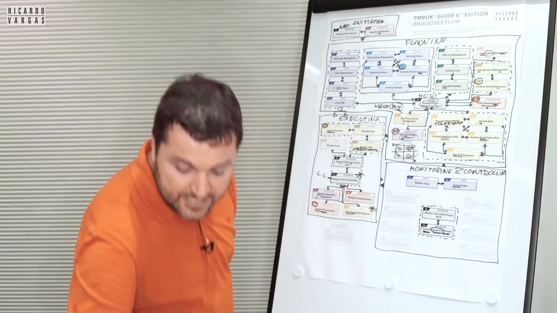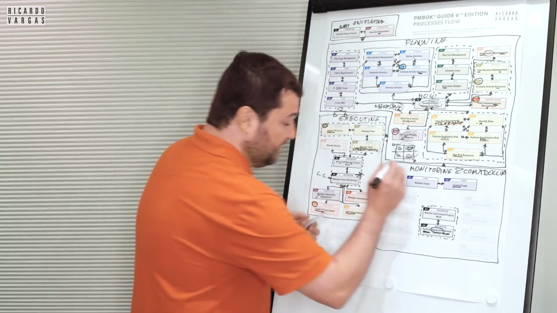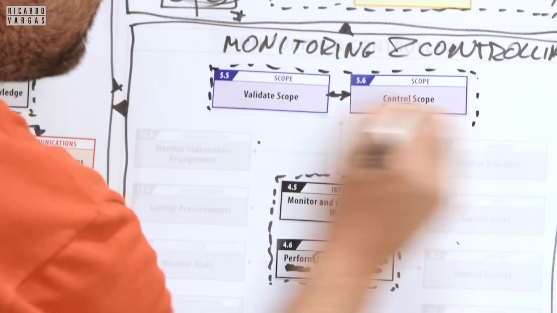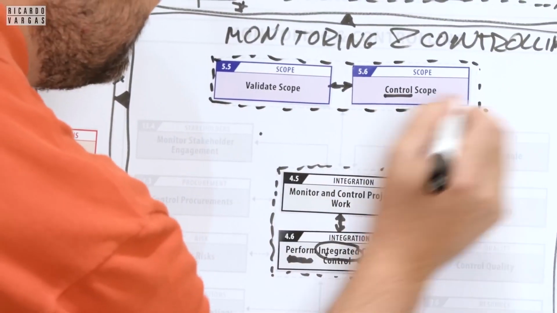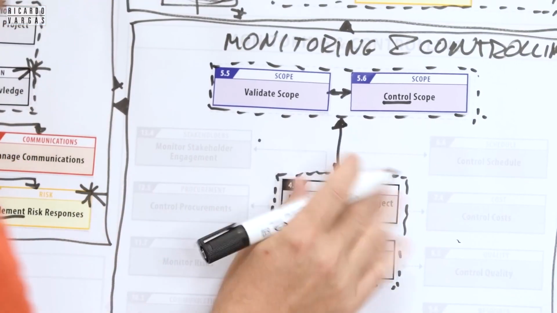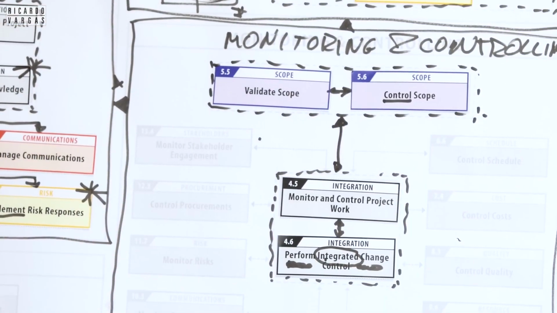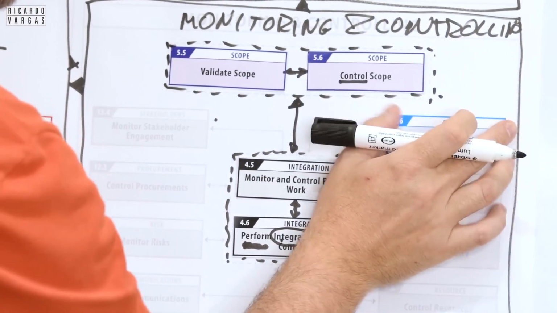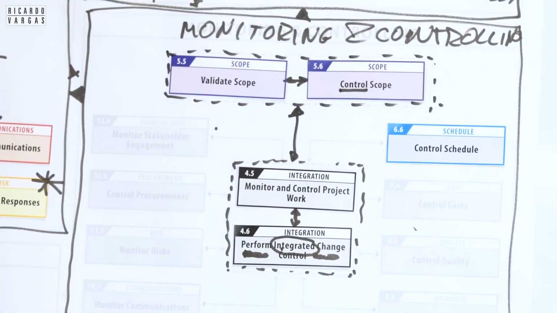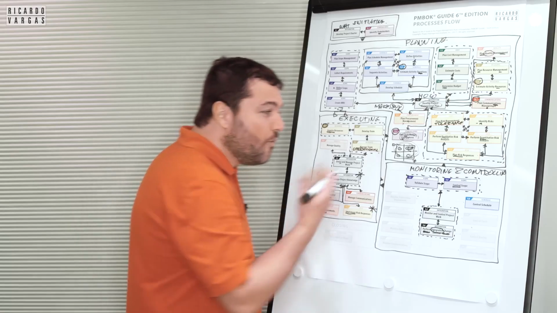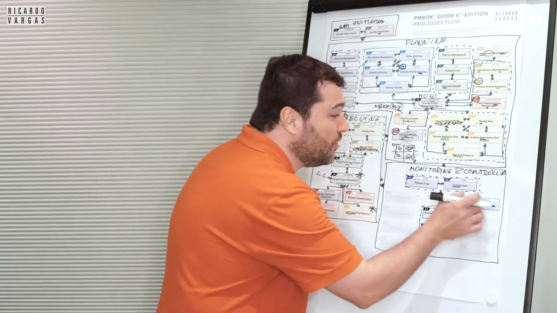The second, of course, is obvious. Let me just link here, make this group here on the scope, and attach this to the integration. Then the second one is control schedule. Is something going wrong? Am I becoming late? Is there any issue on time?